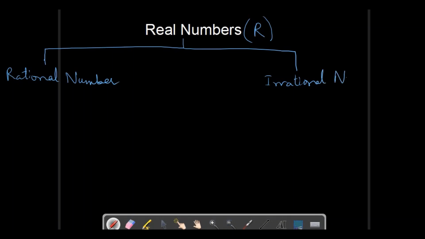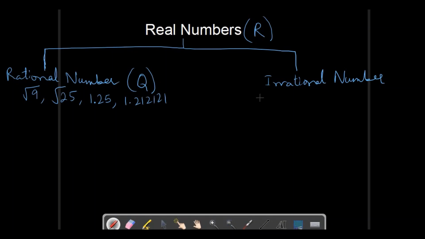Rational numbers are denoted as Q, and examples of rational numbers are root 9, root 25, 1.25, or 1.212121. Examples of irrational numbers are root 2, 1.2112111, the ones with the non-terminating decimals, and so on.